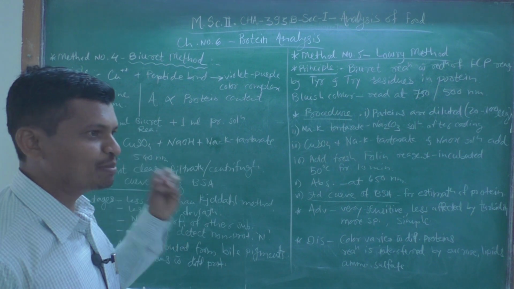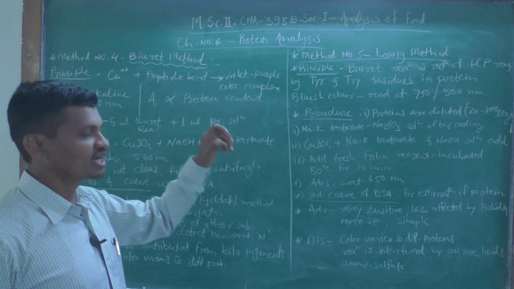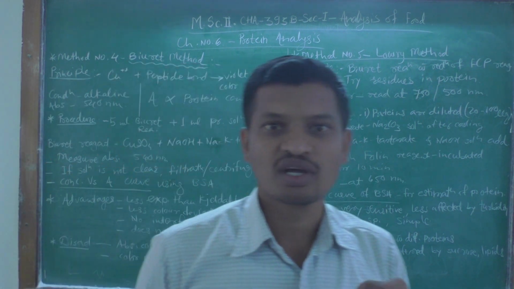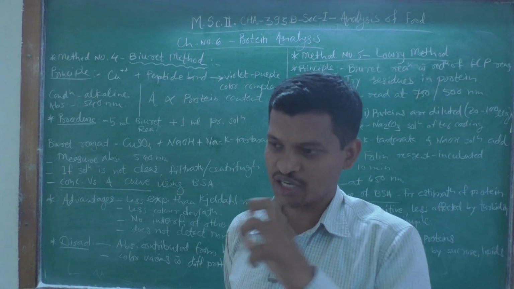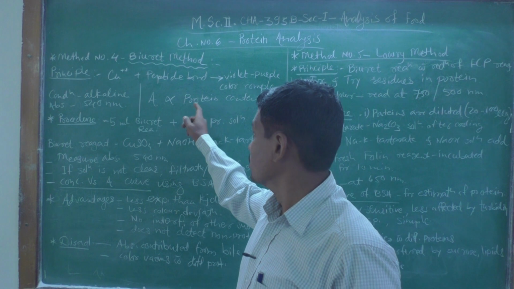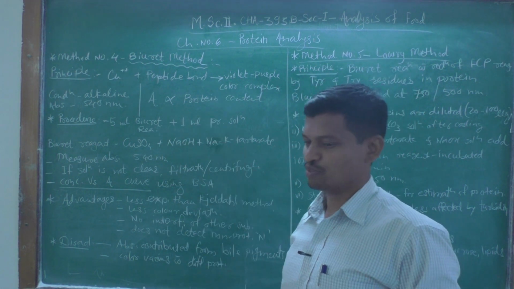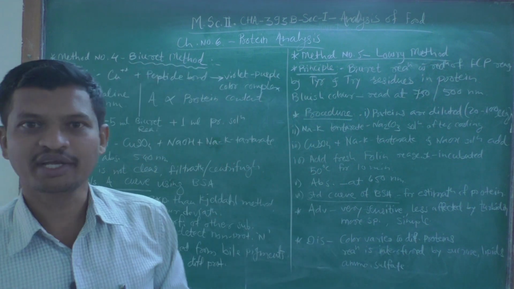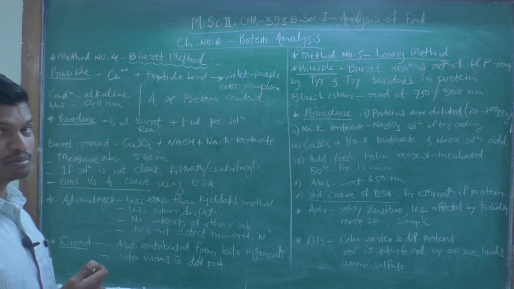The main principle is that this absorption is directly proportional to the protein contained. This absorption of UV or visible radiation is directly proportional to the protein contained in the food sample. So this is the principle behind this method known as the biuret method.